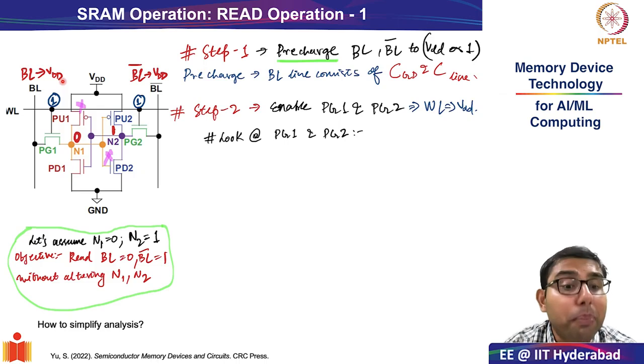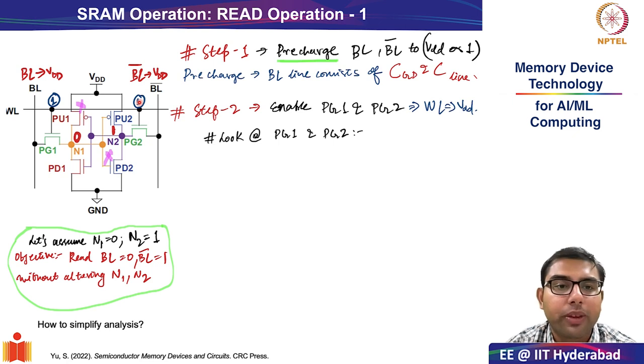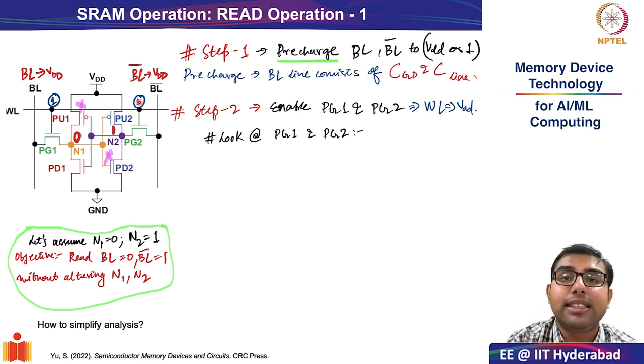So how do we simplify the analysis of read operation of the single SRAM cell? The first step is to recognize the fact that when your storage nodes are at stable values, in this case N1 is at 0 and N2 is at 1, only one of the pull-up or pull-down transistors in each of the 2 inverters will be functional. We have to recognize that.